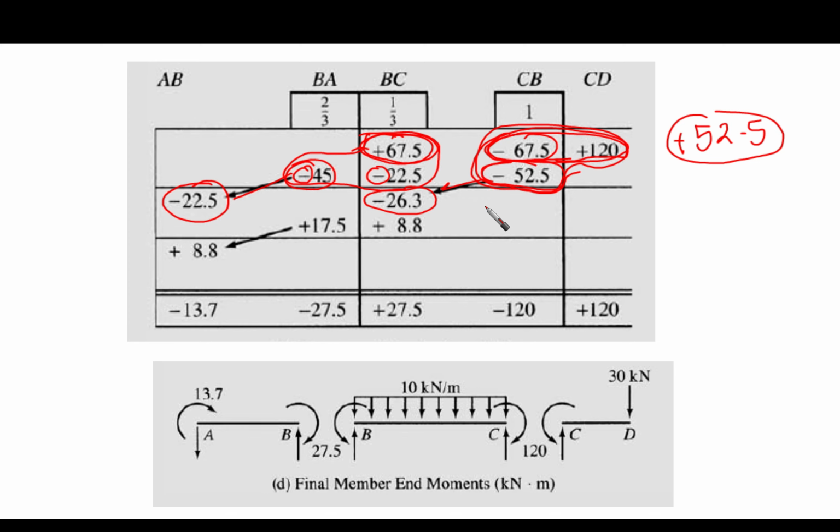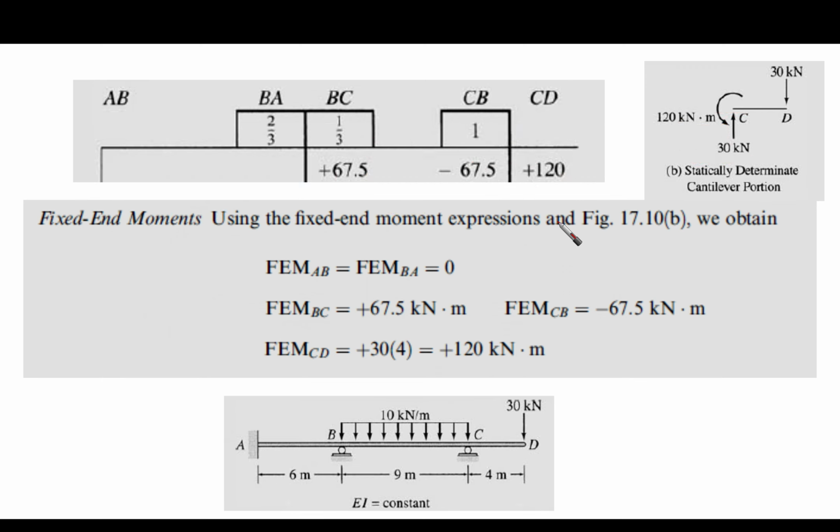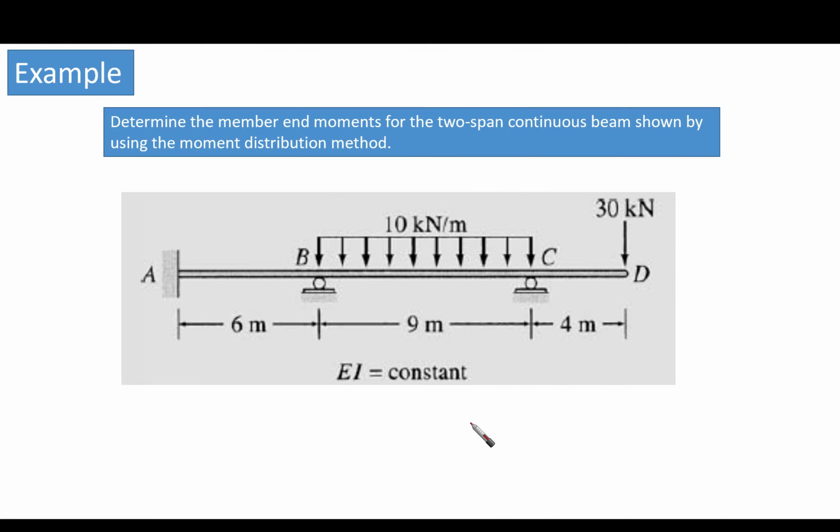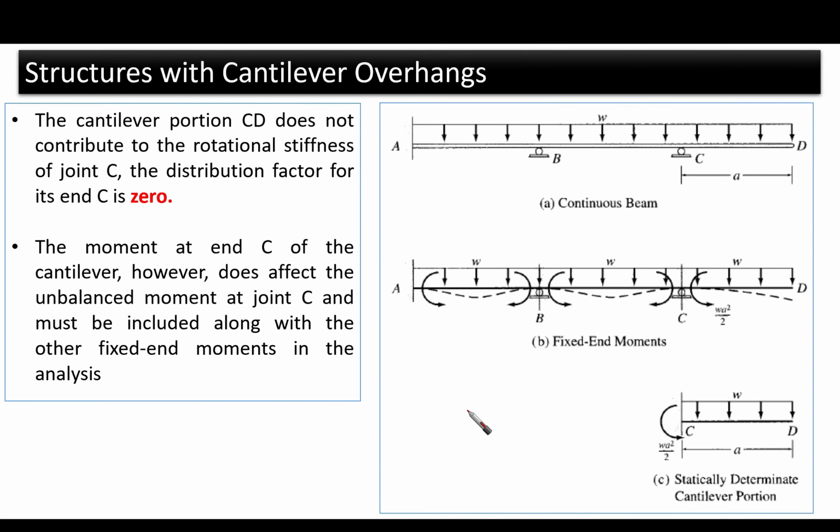Yes, remember the hint that I said to you. This point, which is point C, we dealt with as a simple end, or like a hinge at the end. We neglected this part, so the far end is simple. So I want to remind you.